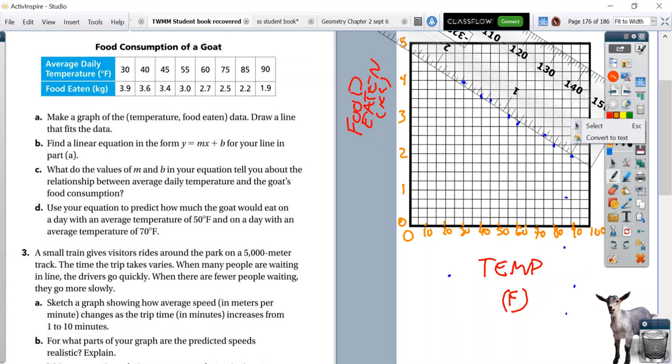And then I'm going to rotate this so that it goes through this point right there. So here we go. All right, and so the points that I'm going to be using right there and right here. All right, so now I can make my slope triangle.